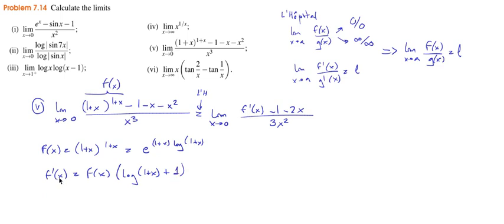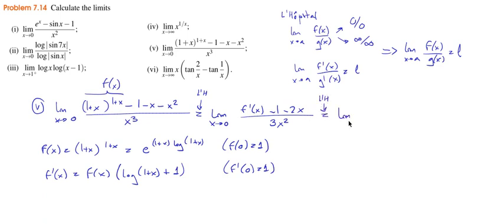F prime at 0 is going to be f at 0, which is 1. Let me write here. F at 0 is 1 times 0 plus 1. So the derivative at 0 is 1, right? So then we have 1 minus 1, 0 over 0, okay? So then we have to differentiate again.